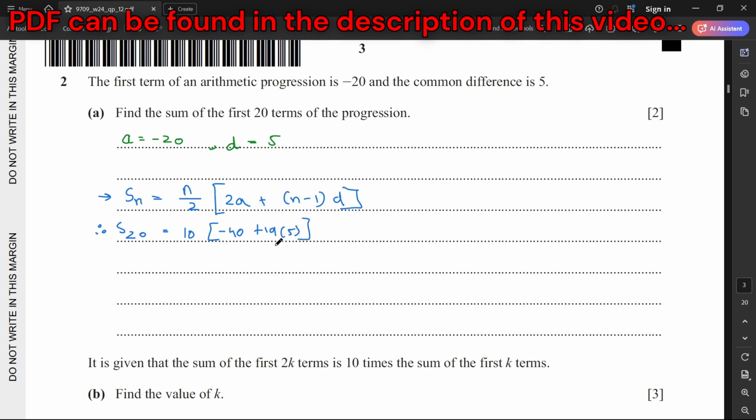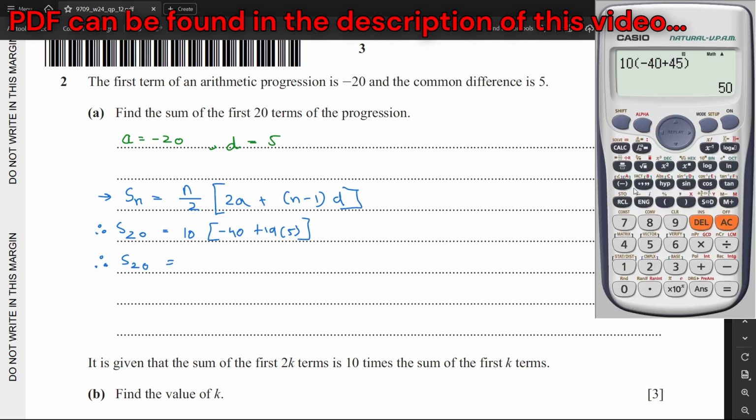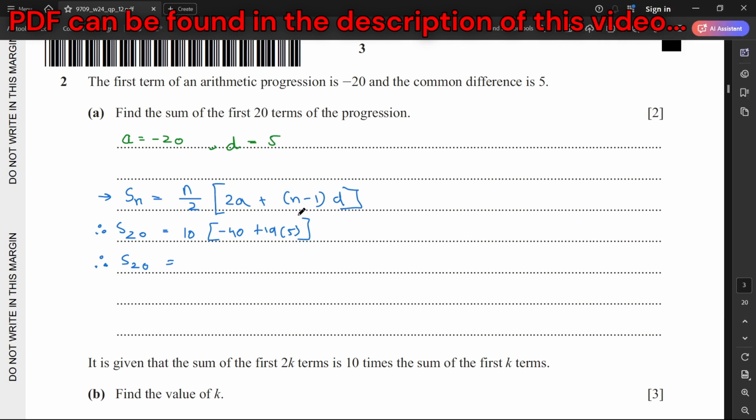And then if I just substitute everything in my calci, I'll be getting my value of the sum of the first 20 terms of this AP. For that, I'll just do 10 into minus 40 plus 19 into 5, and then equal to, it gives me 550. So that will be my final answer for the first part of question 2.